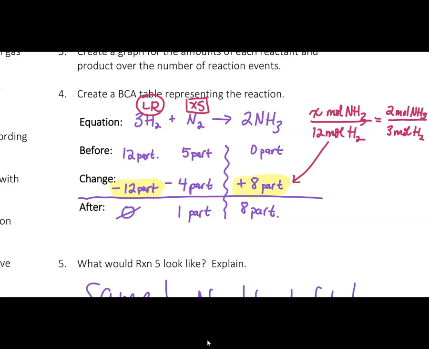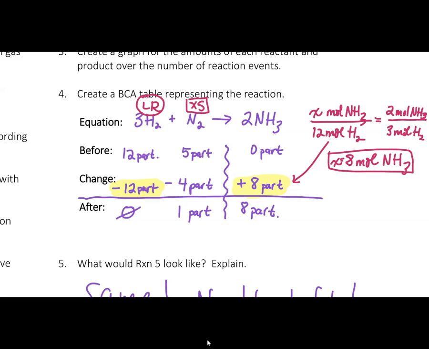So then we'll solve for our x, right? 12 times 2 is 24, divided by 3 is 8. Equals 8 moles of NH3, right? And that's where that change comes from.